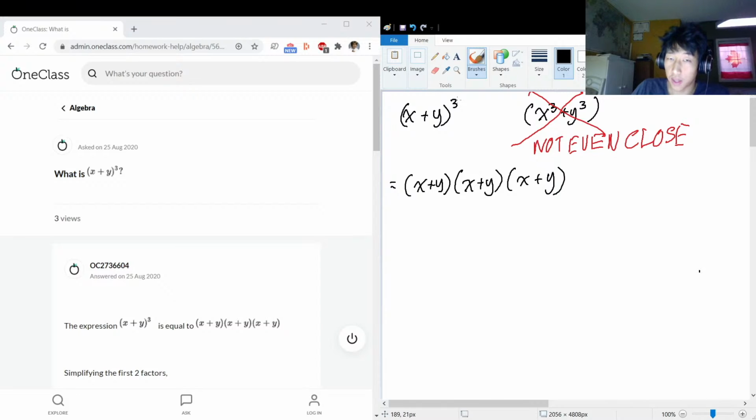If you have (x + y) cubed, you can rewrite it like this, and then we can just treat it as if we're multiplying terms together. I'll just show what we've got to multiply. First you multiply the first term of the first one with the first term of the second.